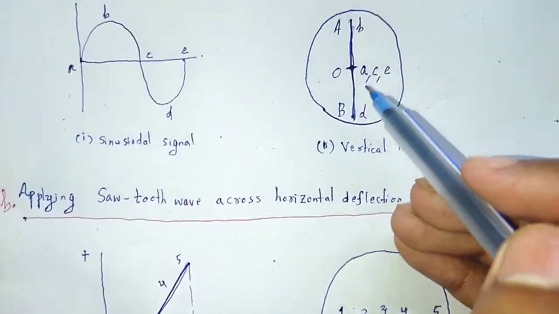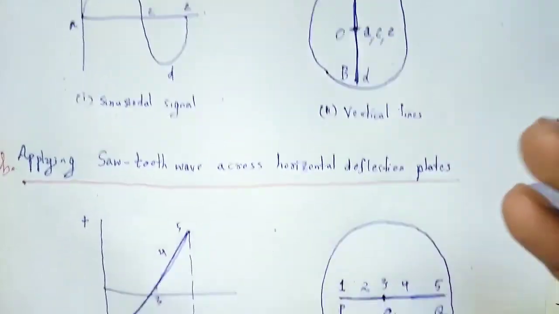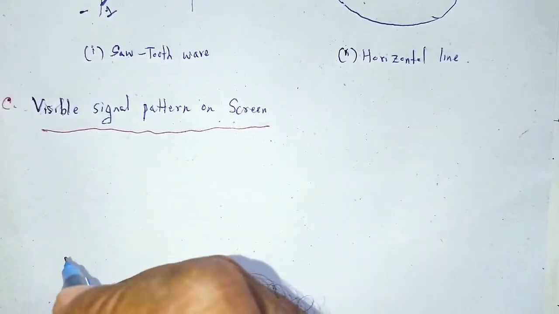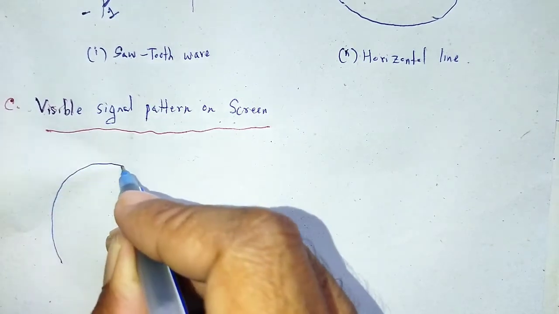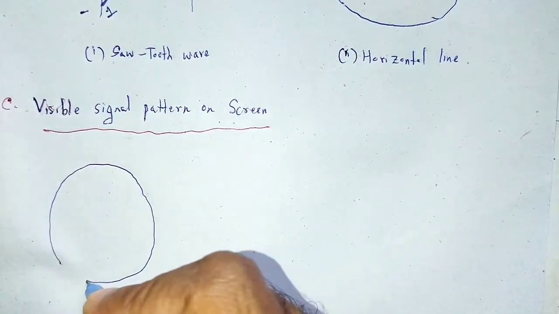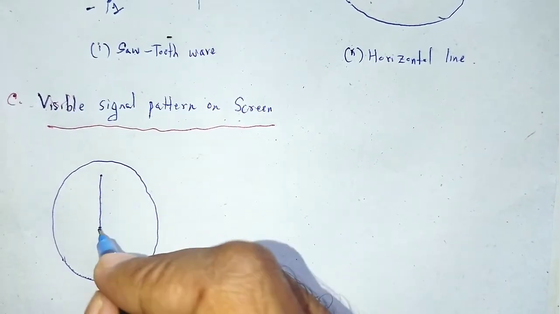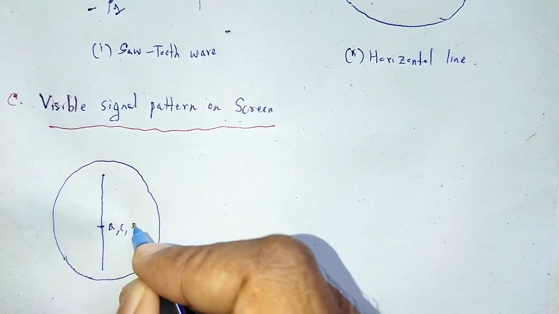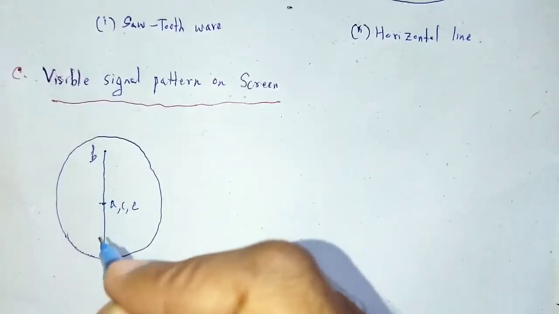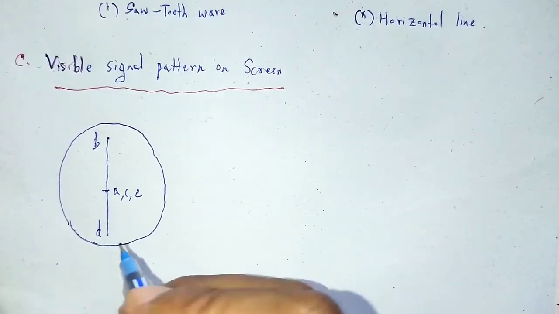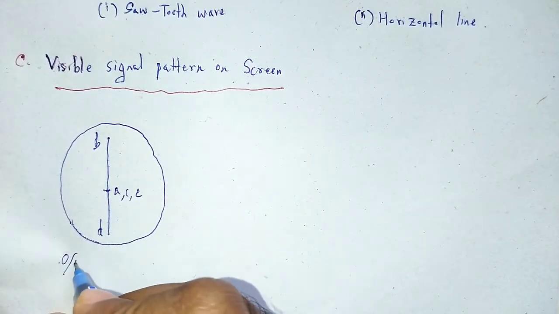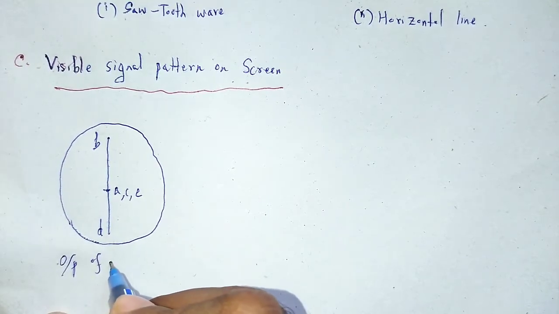Here is the output of the vertical plates as A, C, E, and here B and D are the output of the vertical plates.